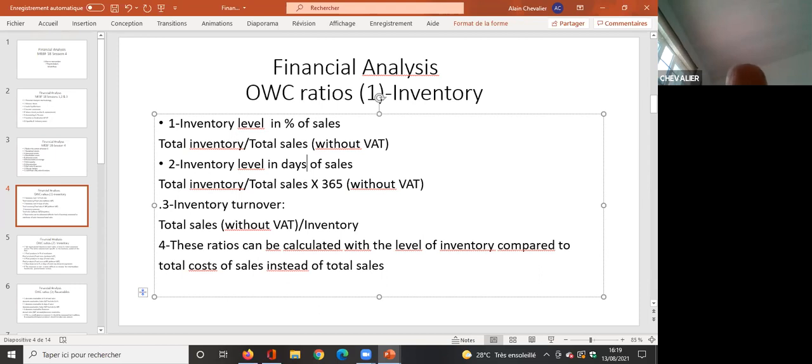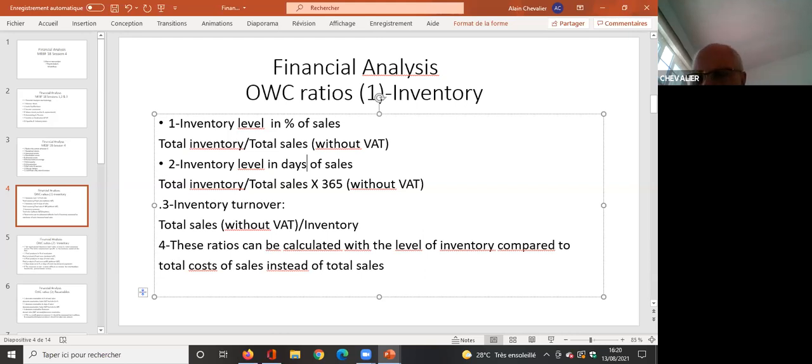The speed of replacement of an inventory is an element which explains a higher return or performance of a firm. You have to accelerate this.